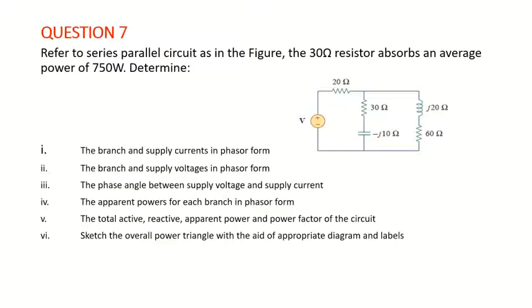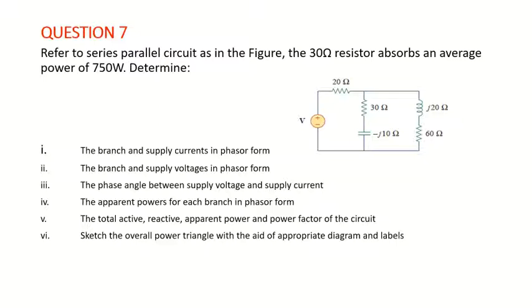Okay, for our last question, which is question 7, if you refer to the circuit given in the figure, the series parallel circuits. The 30 ohm resistor absorbs an average power of 750 watts.